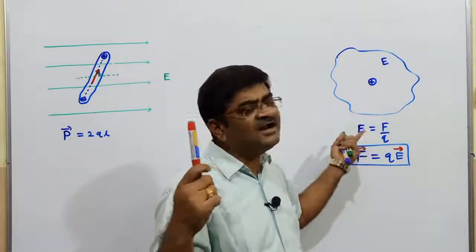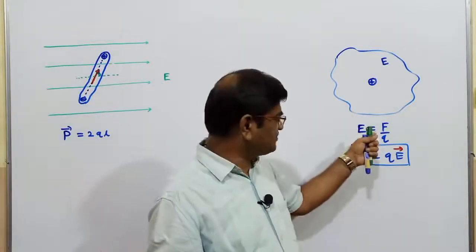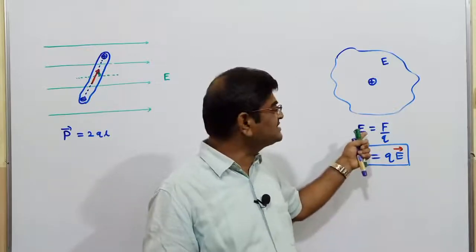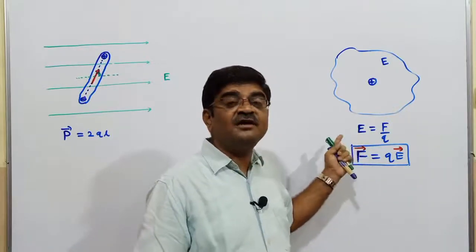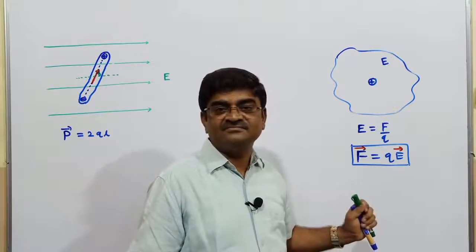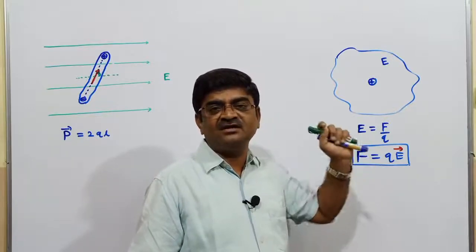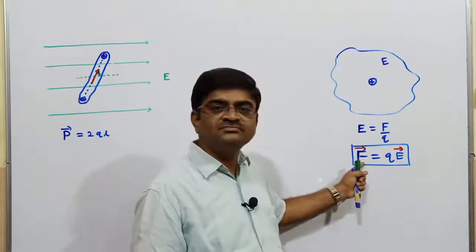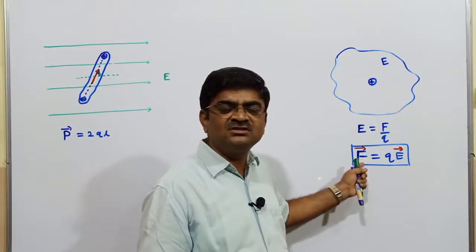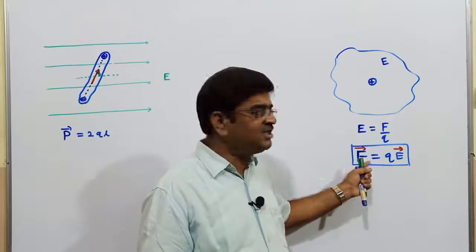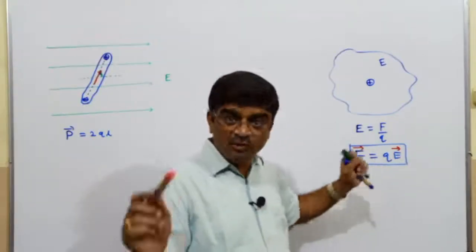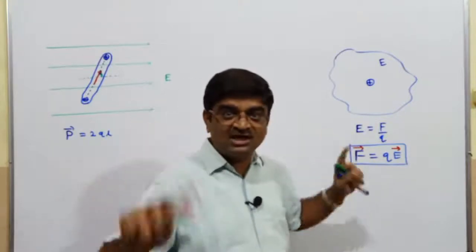And in fact, this is already understood. This definition has already been discussed. I only took the assistance of this definition and brought to your notice that a charged particle in the electric field experiences force. The direction of that force depends on the nature of the charge, the charge on which you are working out the force, not the source charge.